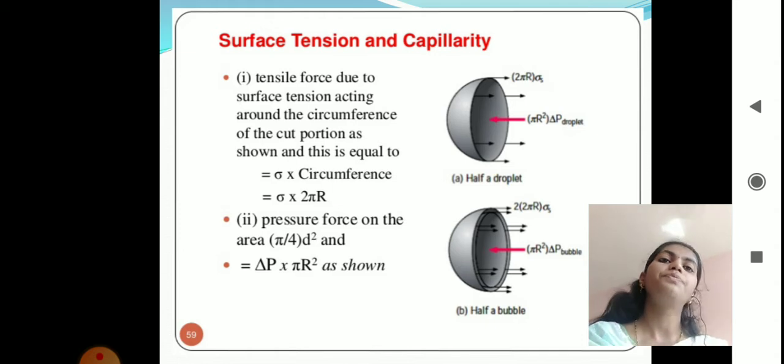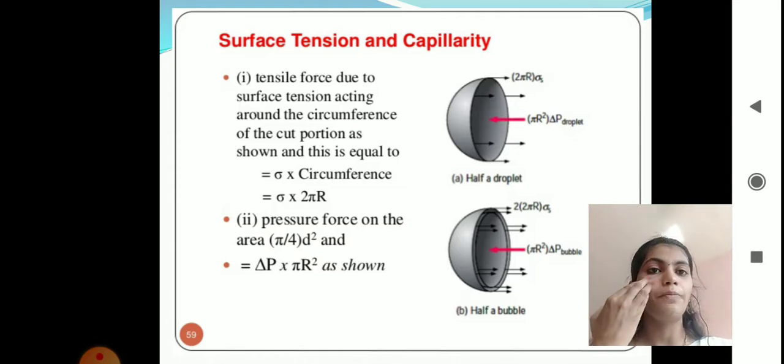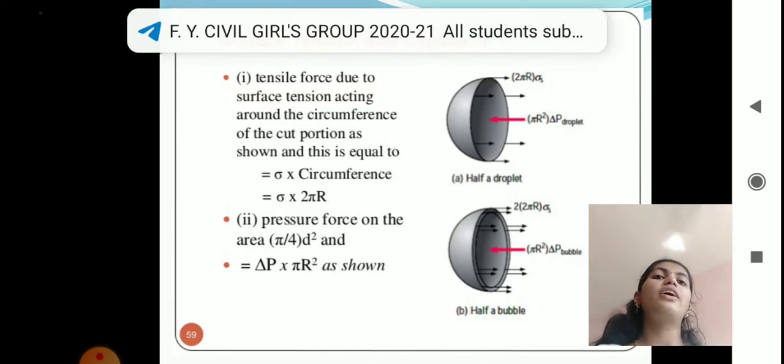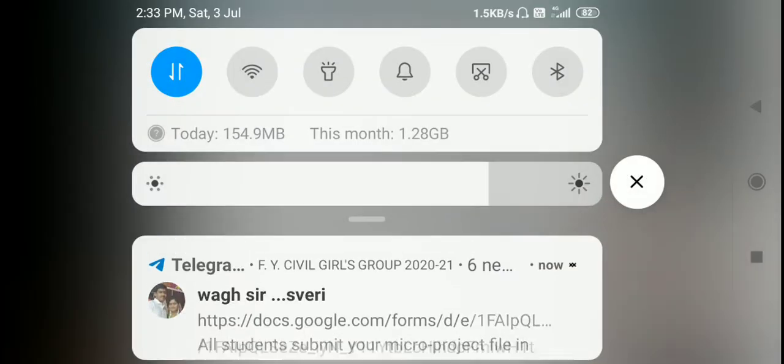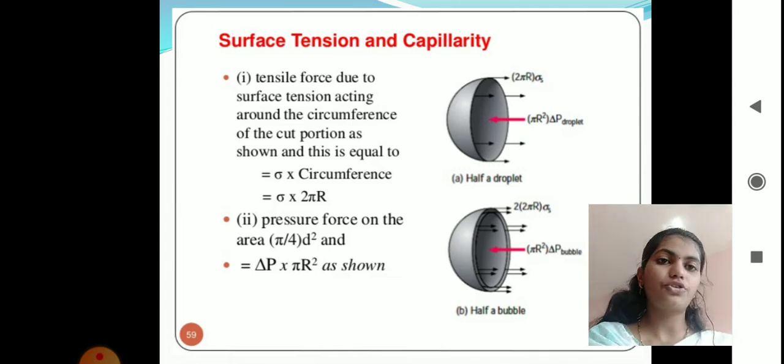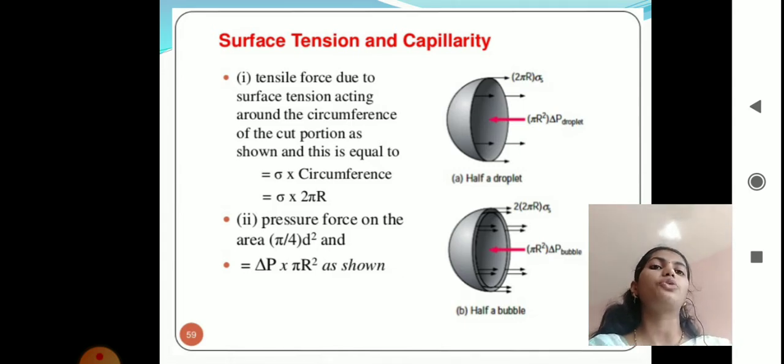Next, surface tension and capillarity. The tensile force due to surface tension acts around the circumference of the cut portion, as shown. Surface tension acts along the circumference of the circle at the cut position. It is equal to sigma, the surface tension, times the circumference.